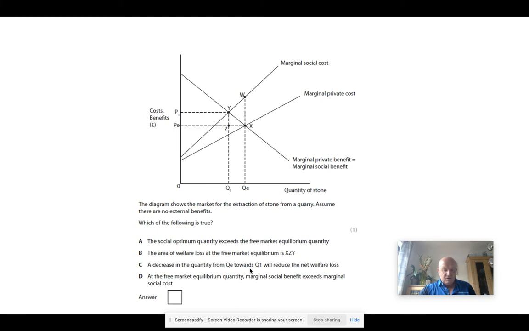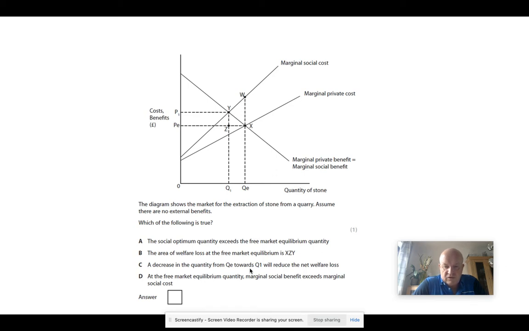If we take a look at the next question on page 19, this is something where you might need to spend a bit of time thinking about it. The diagram shows the market for the extraction of stone from a quarry. We have to assume there are no external benefits, and ask which of the following is true on this basis. There are 4 options to choose from.